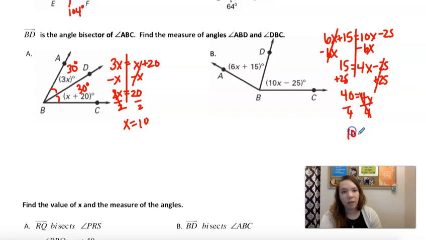So 10 equals x. Okay, they want us to find the measure. So if I plug it back in, I'd have 60 plus 15 is 75. 100 minus 25 is 75. And they should be the same. If they're not the same, then you did something incorrect.